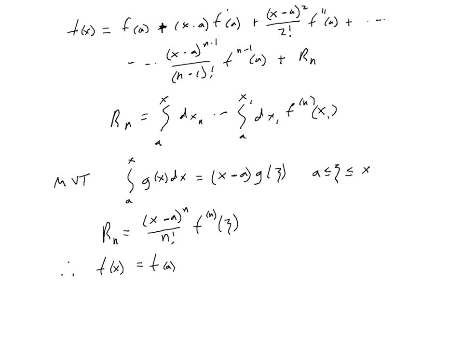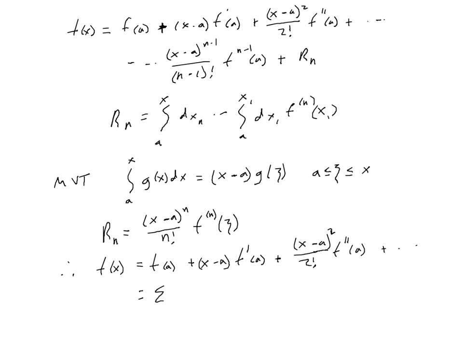which is f of x is equal to f of a plus x minus a times f prime of a plus x minus a squared over 2 factorial times f double prime of a plus some other stuff. And usually this is about as far as you go, because usually you don't get much higher than second derivatives in physics.